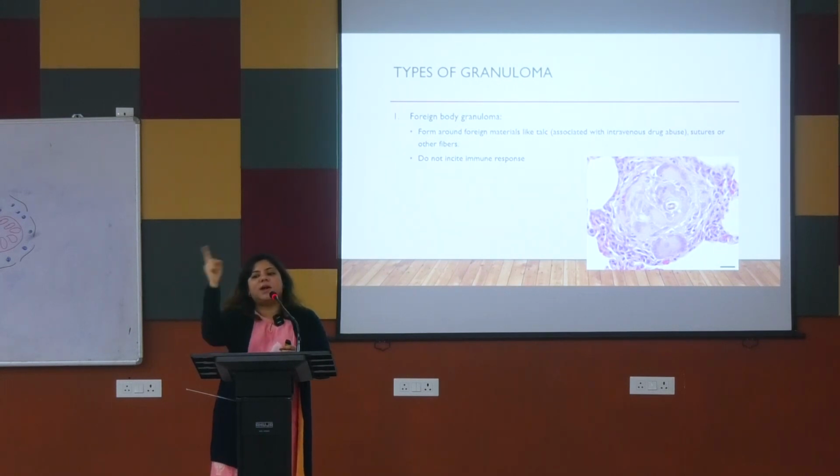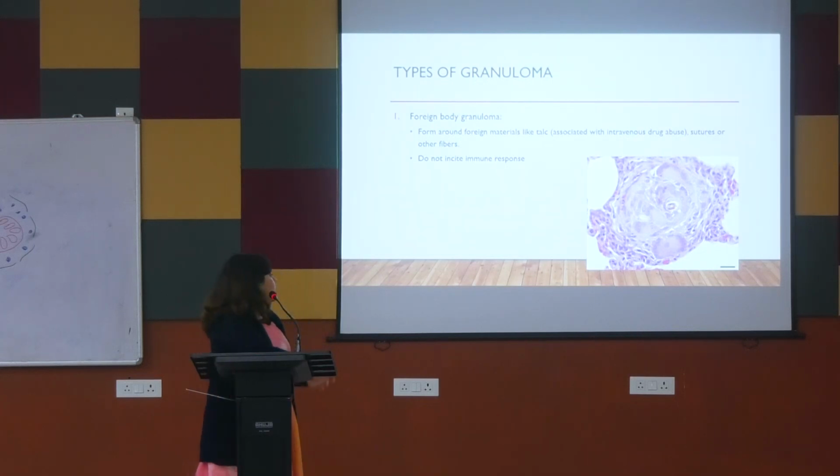You can see lots of foreign body giant cells here, and here is the foreign material, which is usually refractile. They form around foreign materials like talc, sutures, other fibers. It does not incite an immune response. There are no T lymphocytes.